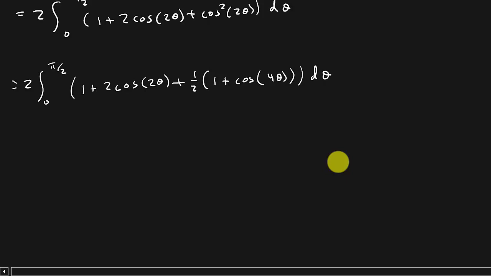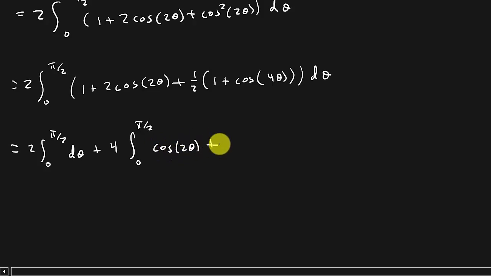All right, so let's go ahead and split all this up. I'm going to integrate each term individually. So this is going to be 2, 0 to pi over 2 of 1 d theta plus 4 integral from 0 to pi over 2 of cosine 2 theta, because the 2 times the 2 gives me 4, plus, now look, 2 times 1/2 is just 1, so I'm distributing a 1 to each of those.